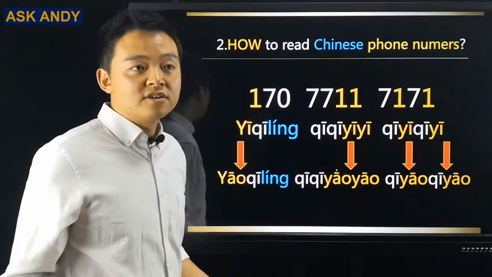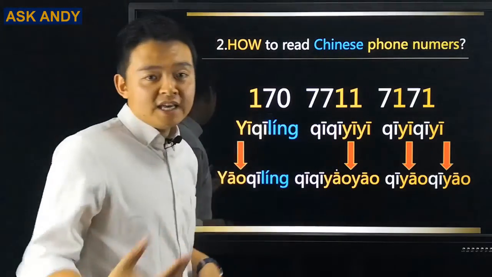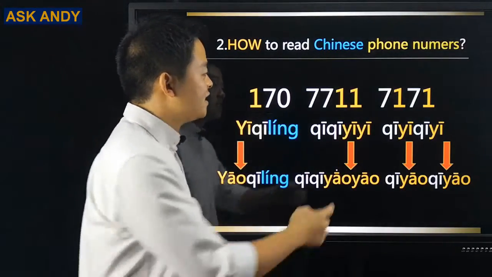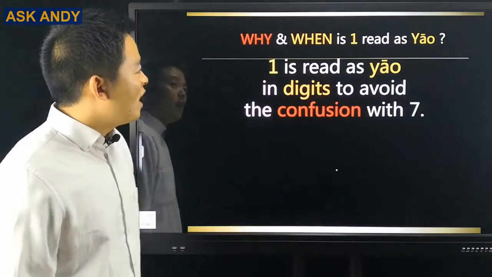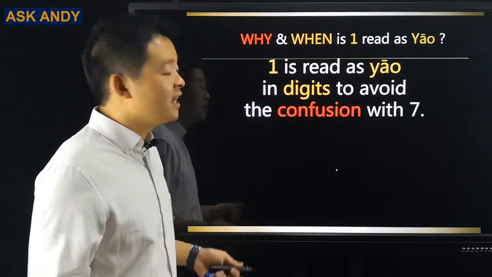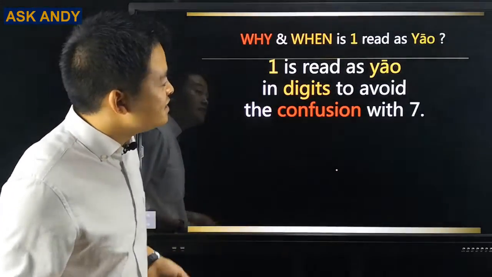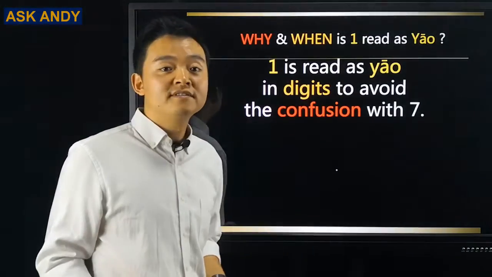It's not clear. We couldn't tell if you have said something like 1 after 7. So in that case, we need to read number 1 as yao. So here, I answer that question. Why and when is number 1 read as yao? So number 1 is read as yao in digits to avoid the confusion with number 7.